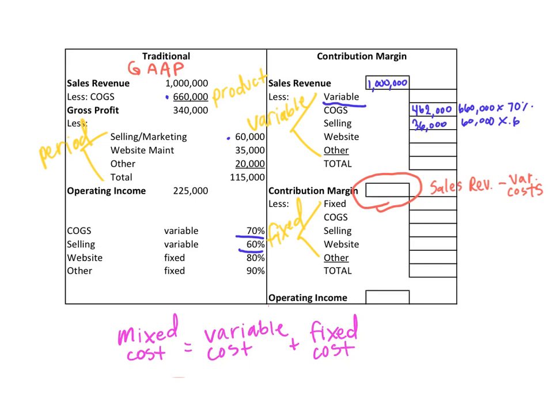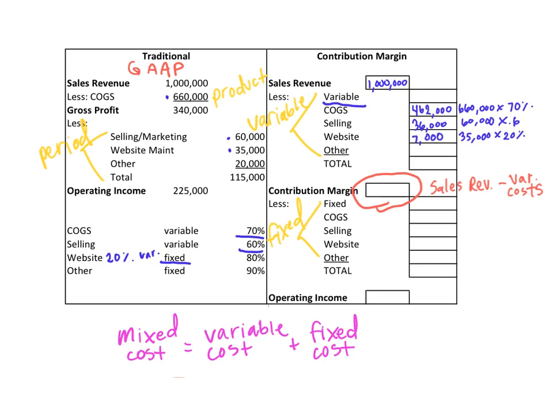Now let's get to the website. We know that the website is 80% fixed. If the website is 80% fixed, that means it must be 20% variable. So to calculate the variable website for our contribution margin income statement, we will take 20% of the $35,000 on our traditional income statement, which gives us $7,000.